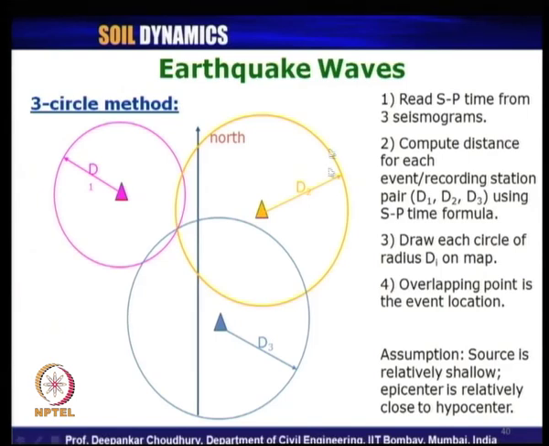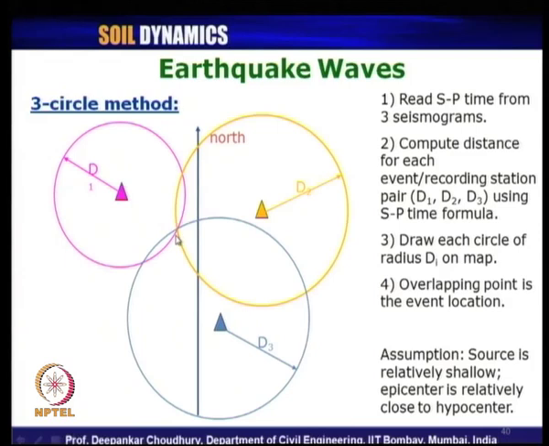Clear? In using this 3 circle method to obtain the earthquake epicenter, one basic assumption is that the earthquake is relatively shallow. Okay. So, the epicenter is relatively close to the hypocenter, and the overlapping of the circles gives us the event location.